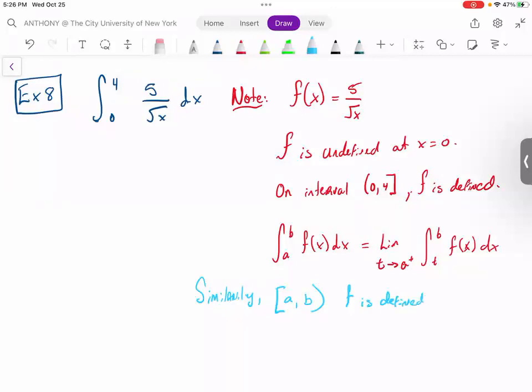It should have said f is defined on that interval. Then the integral from a to b of f of x dx can also be rewritten using a limit: the limit as t approaches b from the left of the integral from a to t of f of x dx.